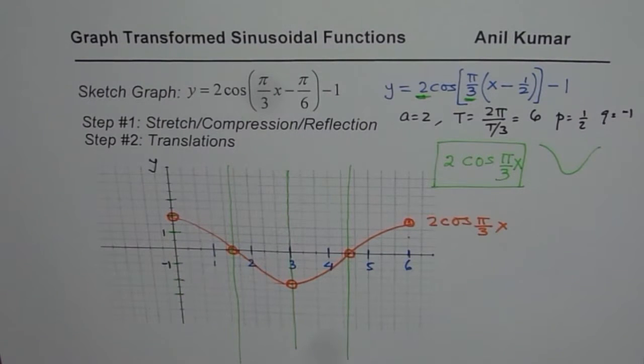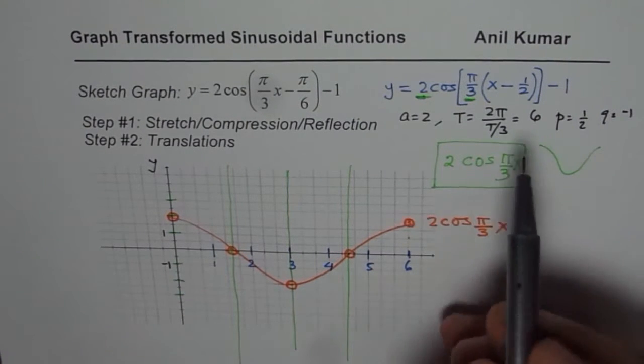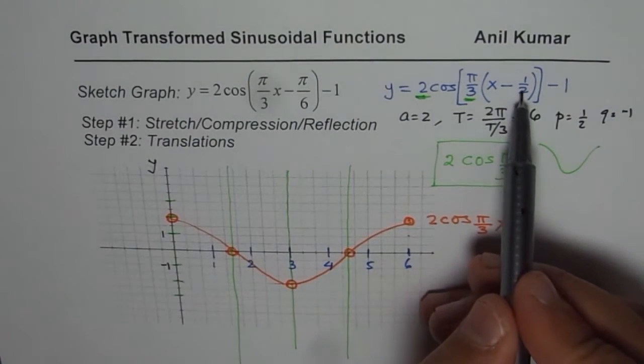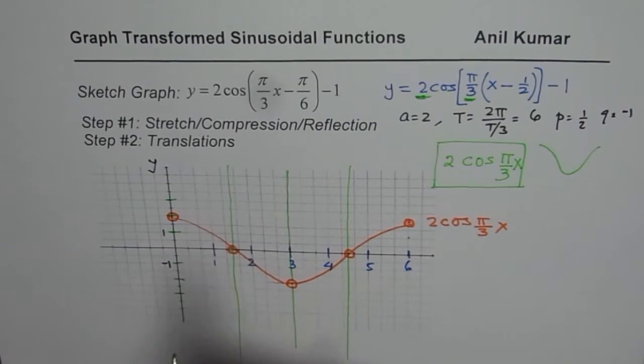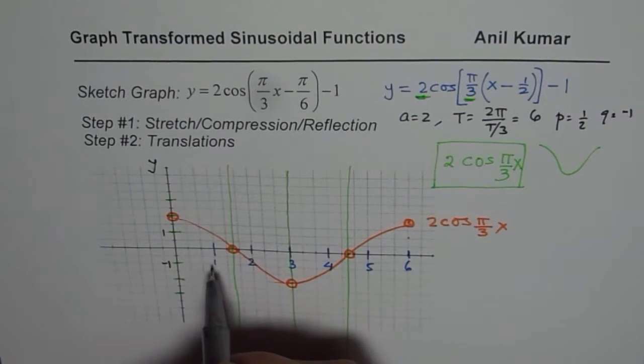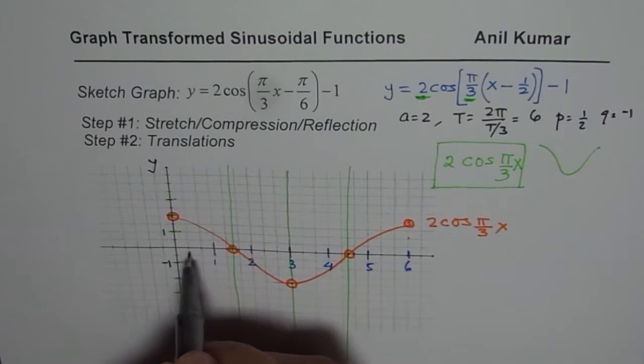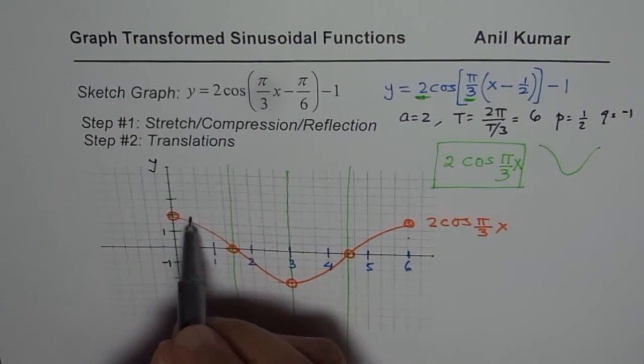Now the second part of this is to translate this function half a unit to the right and 1 unit down. So each point will go half unit right. Half unit right means what? 1, 2, 3 is one division. 1.5 is half unit. So we'll move 1.5 and 1 down.